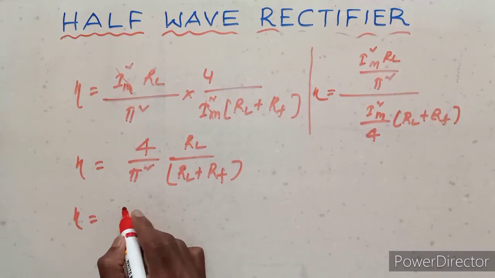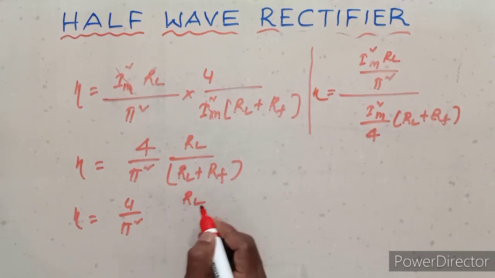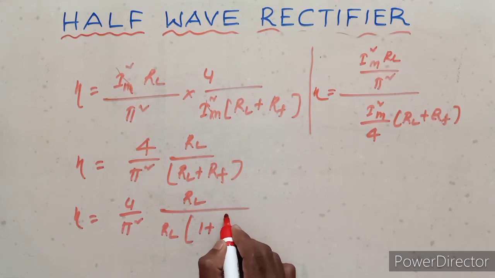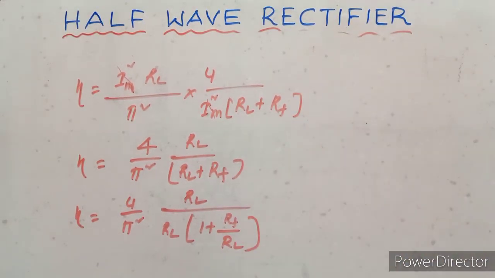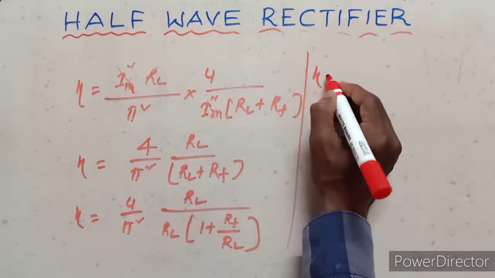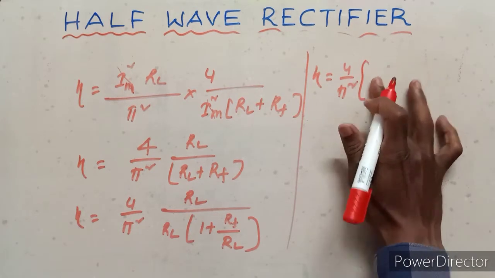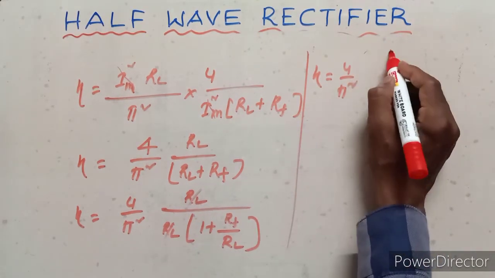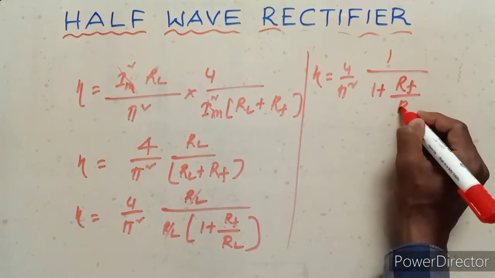So eta equals 4 upon pi square. This can be written as RL upon RL, also 1 plus RF upon RL. Eta equals 4 upon pi square, RL cancels, remaining is 1 upon 1 plus RF upon RL.